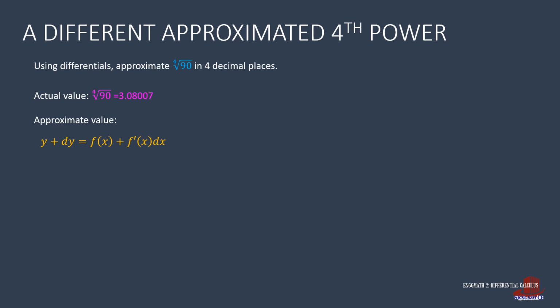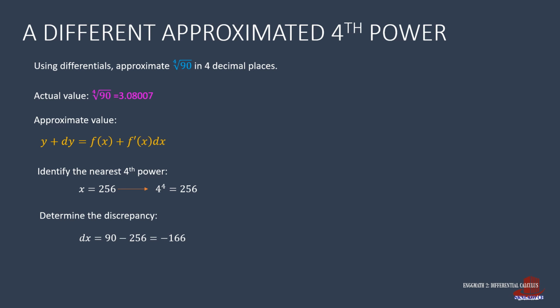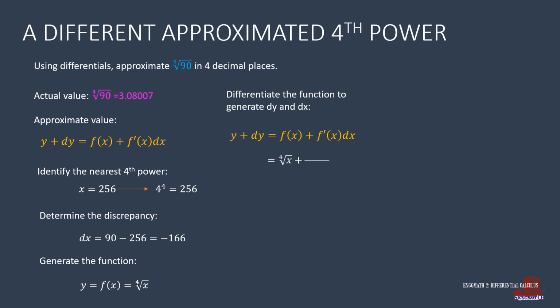Let's try another approximated value, like taking x of 256, as 4 raised to 4 is 256. The discrepancy from this approximation is negative 166 from 90 minus 256. The working equation for this case remains the same as the fourth root of x. The same procedure of taking the derivative is followed, whereby we end up with the function the fourth root of x plus 1 over 4 times the fourth root of x cubed with dx.